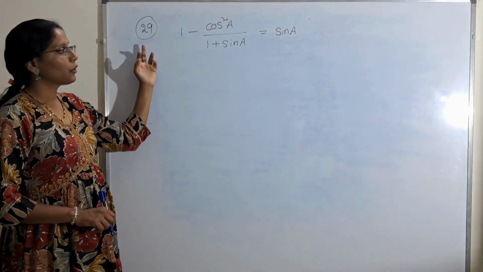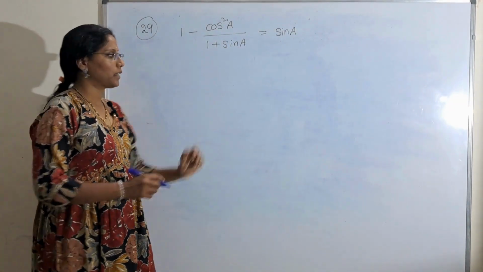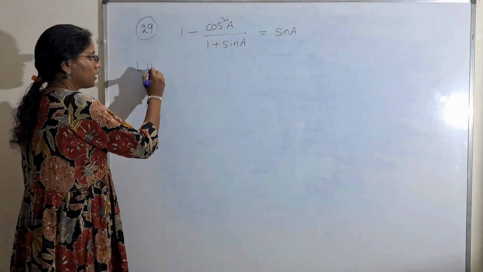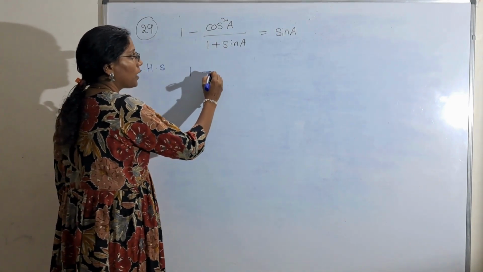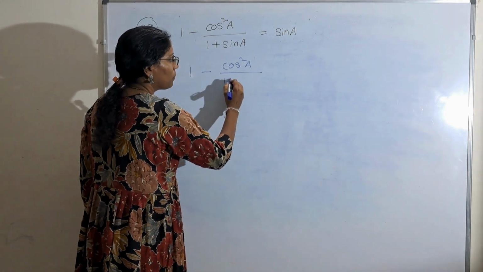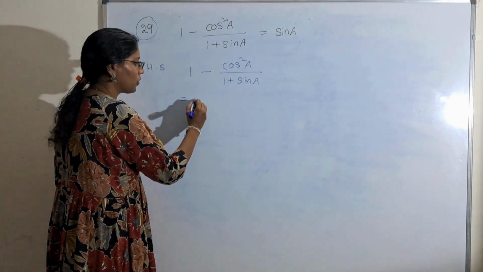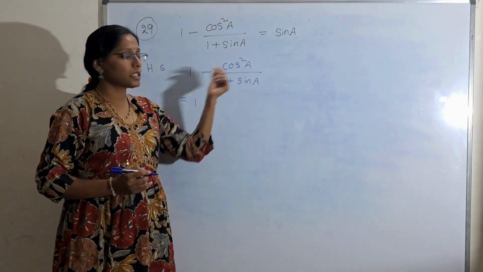Next problem number 29. Here we take the LHS and find the RHS. LHS: (1 minus cos square A) by (1 plus sin A), which is equal to (1 minus cos square A) by (1 plus sin A).